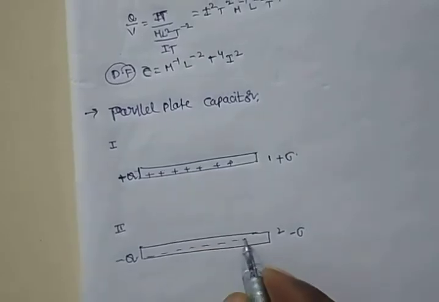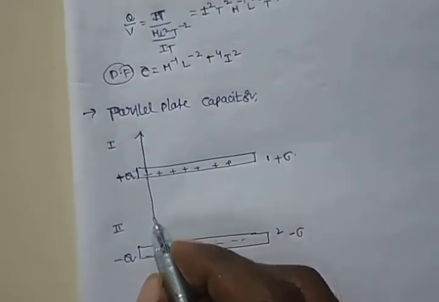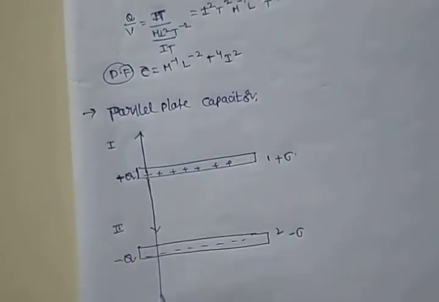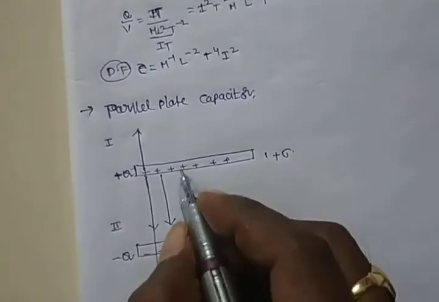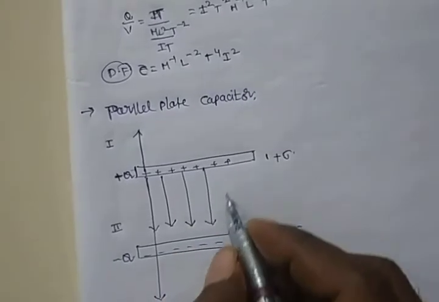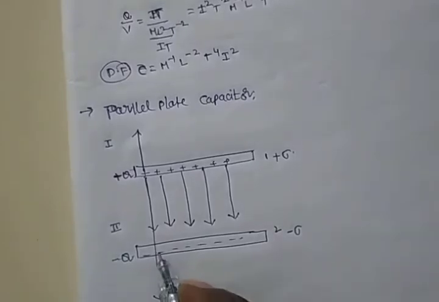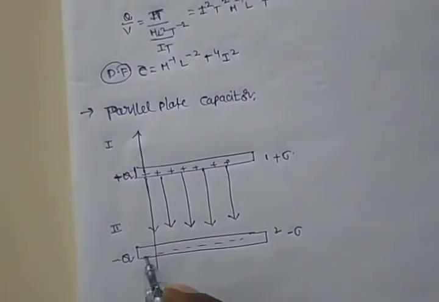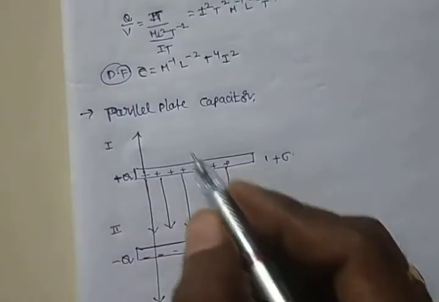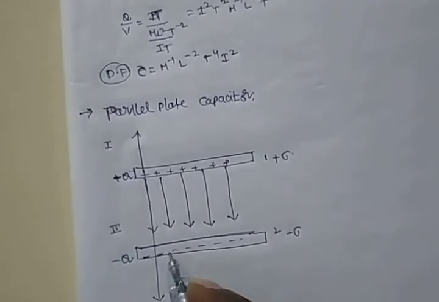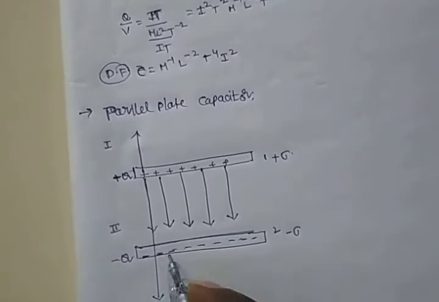The lines of force from the positive charge always move away, and all the lines of force always move towards the negative charge. So what happens?